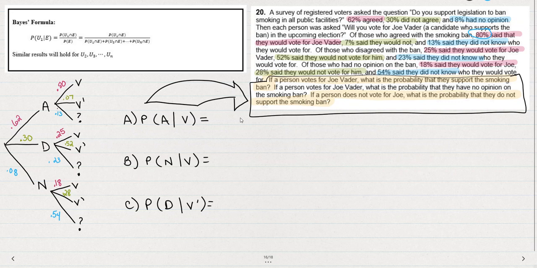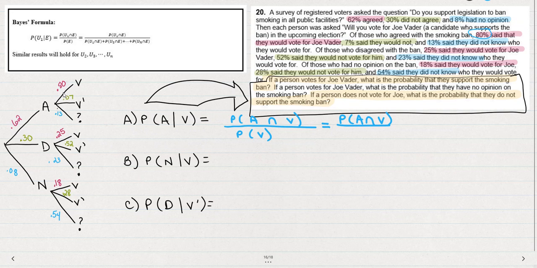But what we'd have here is the probability of supporting the legislation and voting for Vader divided by those who voted for Vader. So those who supported and voted for Vader, that looks like the 0.62 times the 0.80.